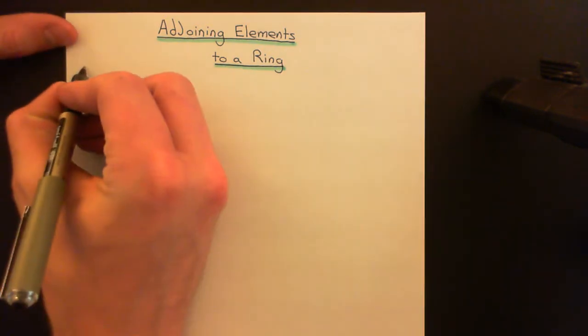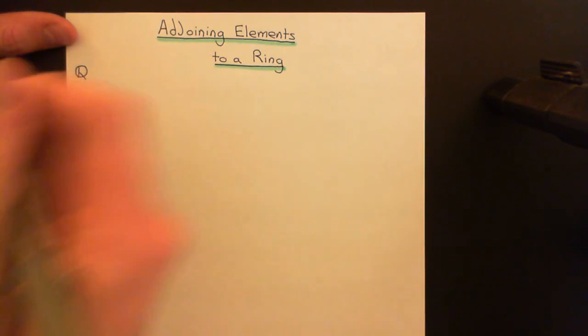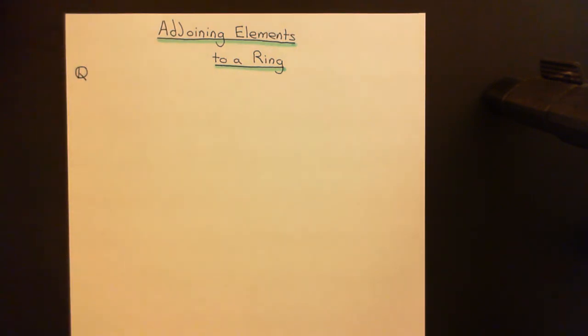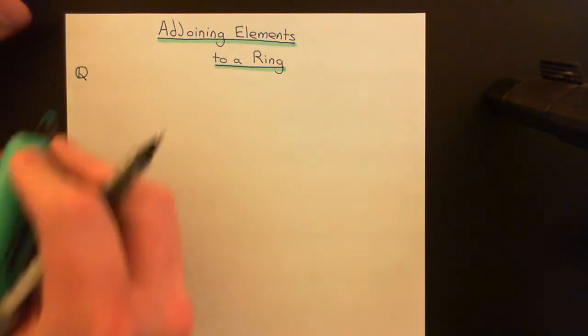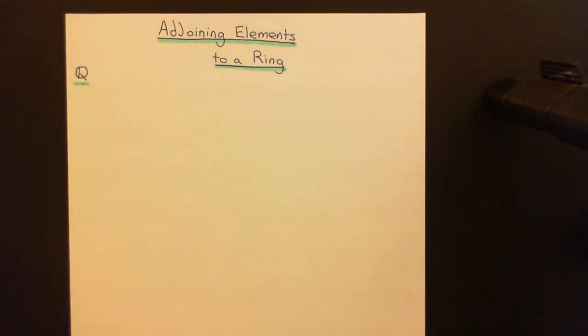Okay, so some classical examples are, we know about this number system, which is the rationals under addition and multiplication. Now, of course, the rationals actually form a field, but all fields are rings, so the rationals is certainly a ring with addition and multiplication defined on it in the normal way.